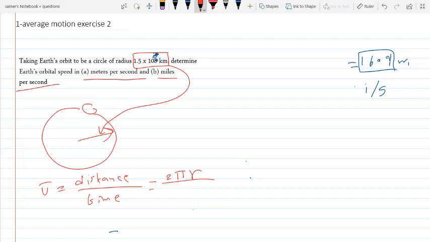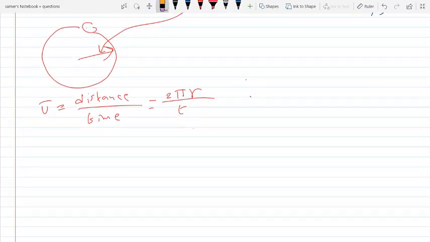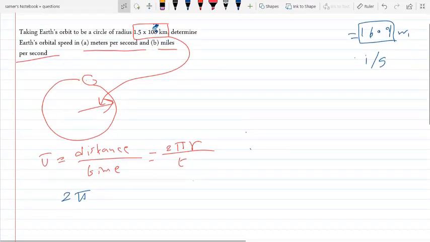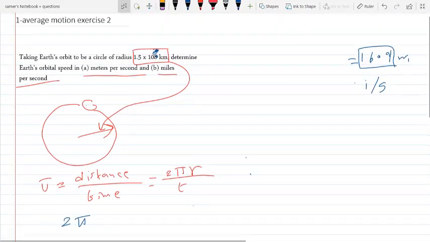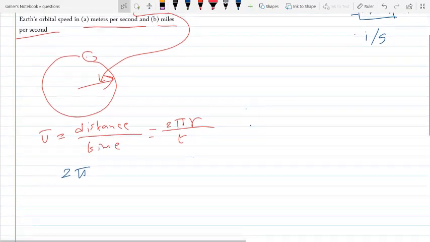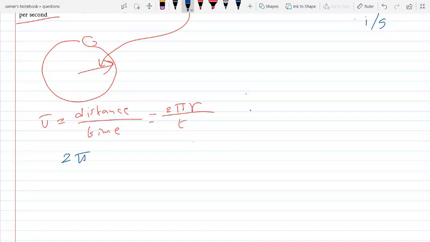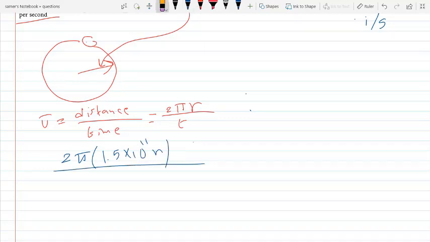If we convert it to seconds, let's first write 2 pi r, which is 1.5 times 10 to the 8 kilometers, so it is 1.5 times 10 to the 11 meters, over 1 year times 365.25 days times 24 hours per day times 60 minutes per hour times 60 seconds per minute.